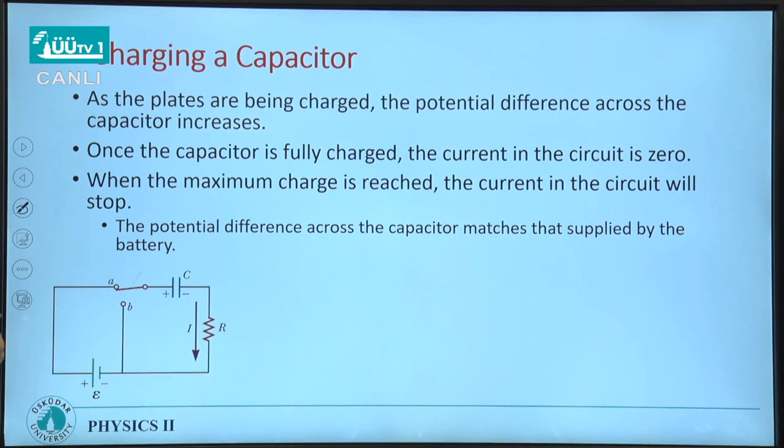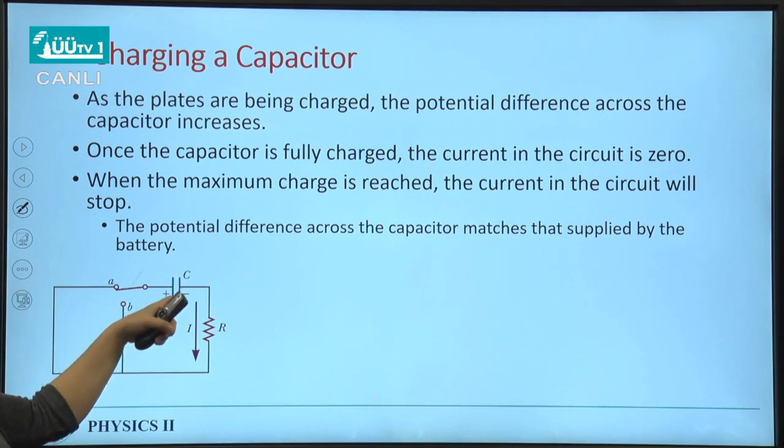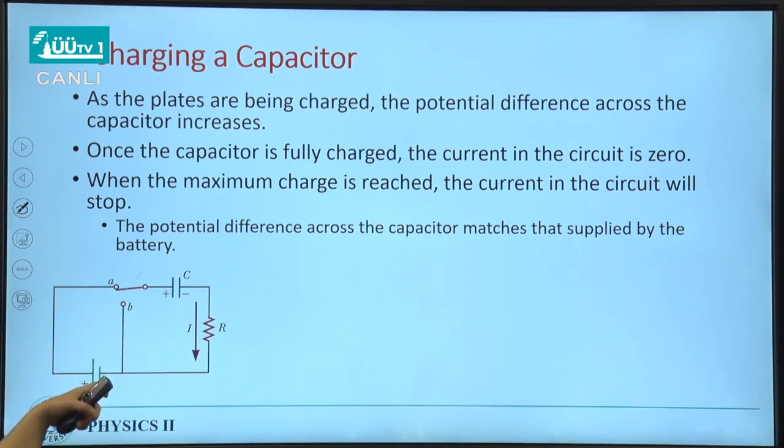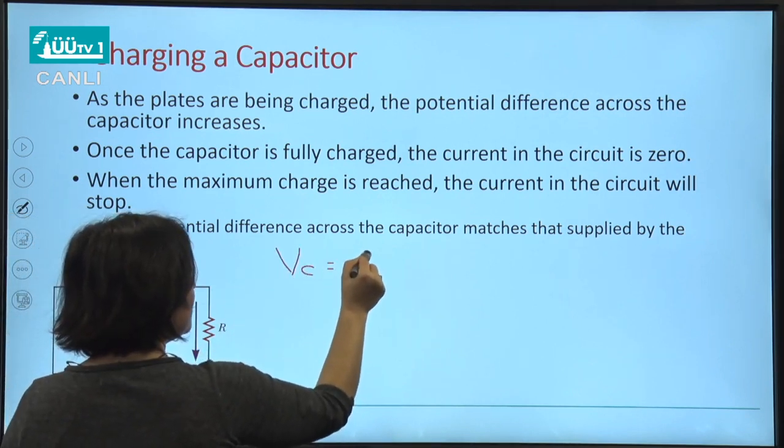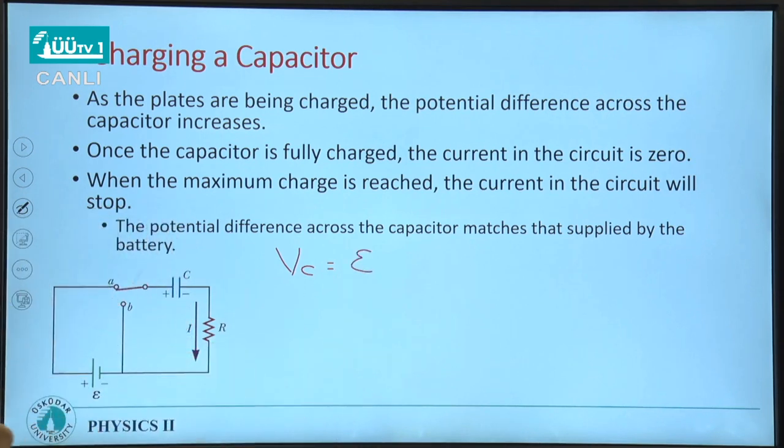The potential difference across the capacitor matches that of the battery, so the maximum potential difference on the capacitor will be equal to the potential difference of the EMF source.